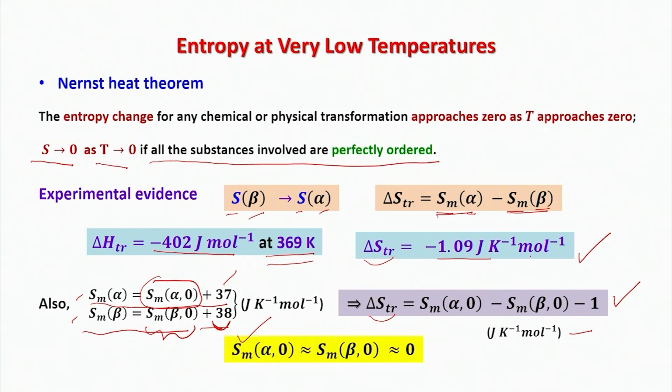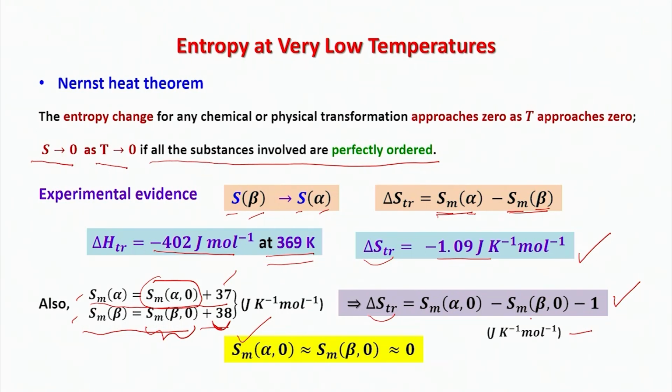So, what will it mean? It would mean that Sm, the molar entropy of alpha at 0 temperature, minus the molar entropy of beta at 0 temperature is nearly equal to 0.